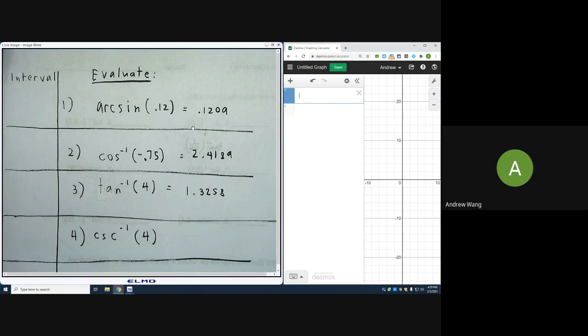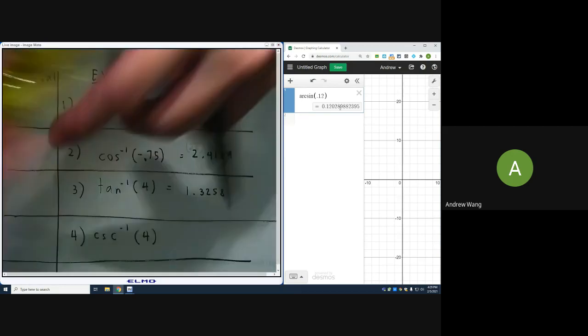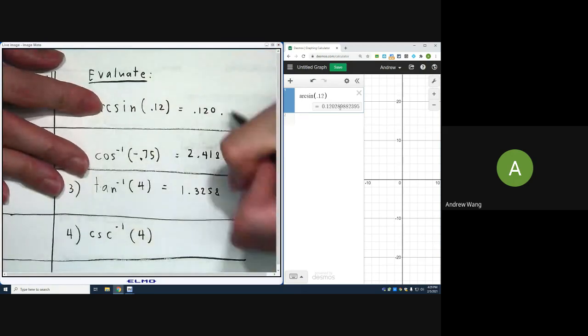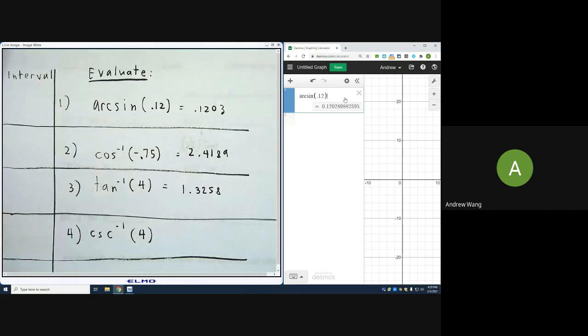So let's just type in arc sine 1.12. You see you get the answer. You just type it in. You always use arc. You don't want to have to bother trying to make the little -1. You could, but you shouldn't.